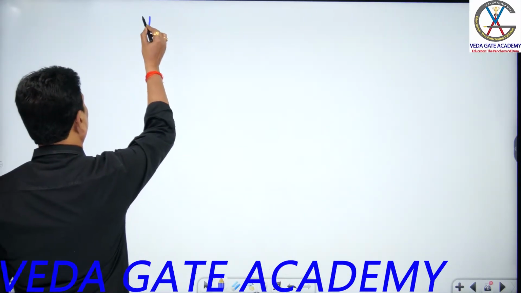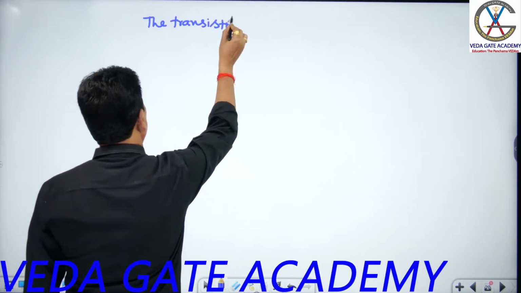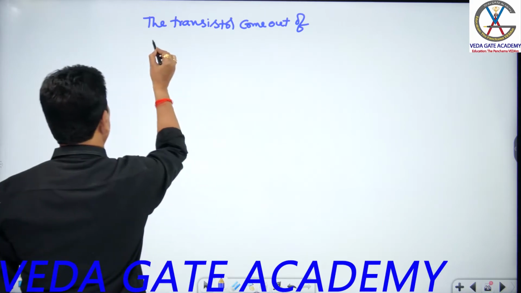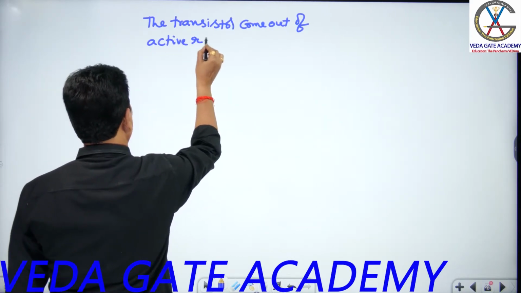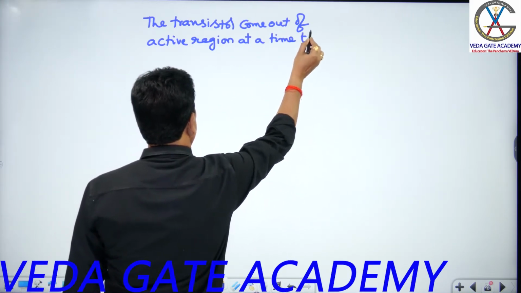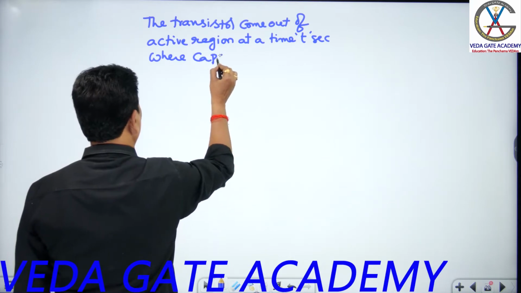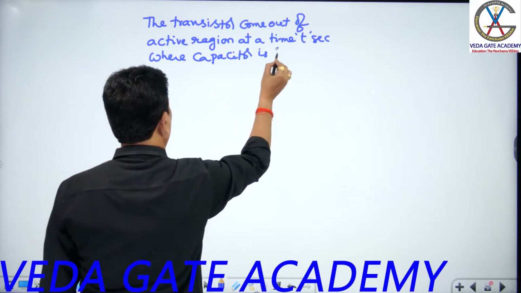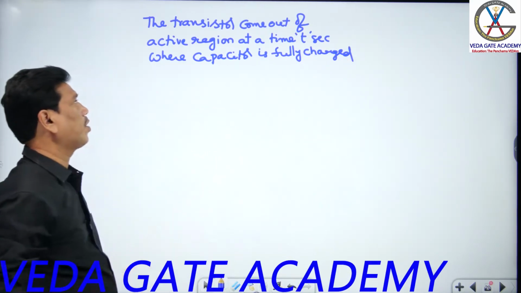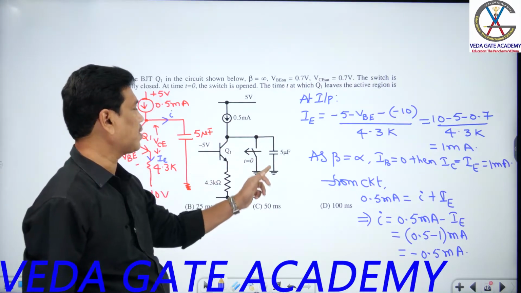So the transistor comes out of the active region at a time t seconds, where the capacitor is fully charged.